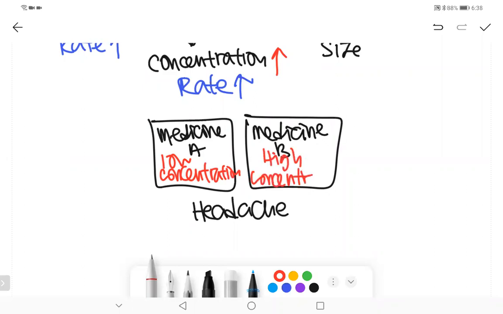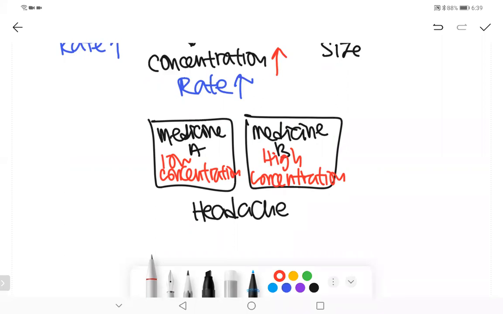Common sense, when the concentration of the medicine is higher, it means the medicine is more powerful. If the medicine is more powerful, it takes a shorter time to relieve the pain.